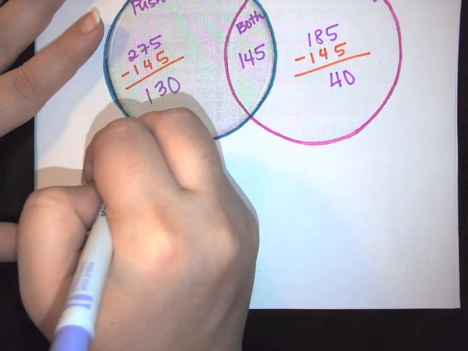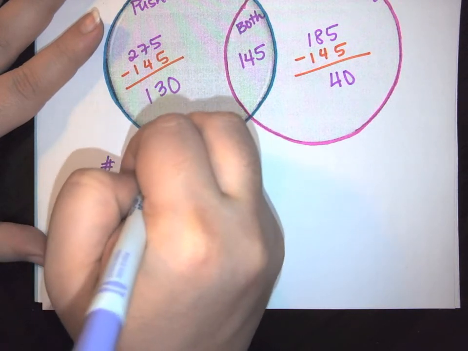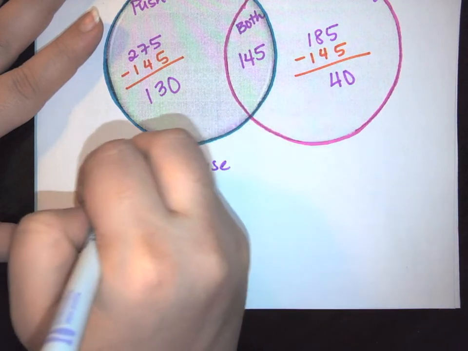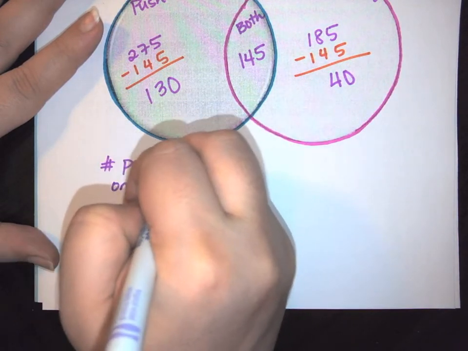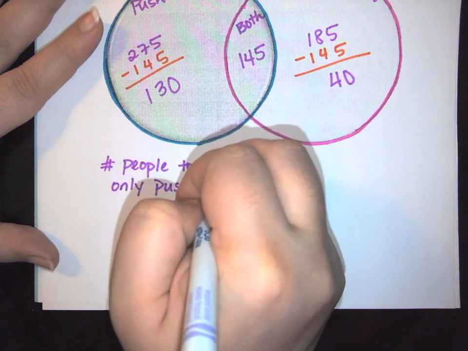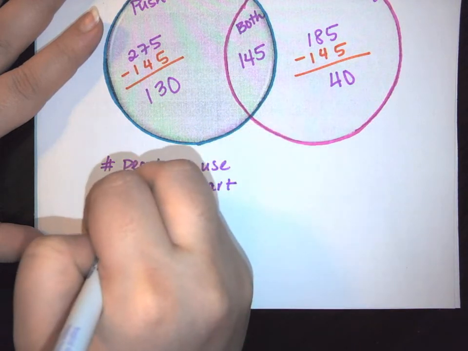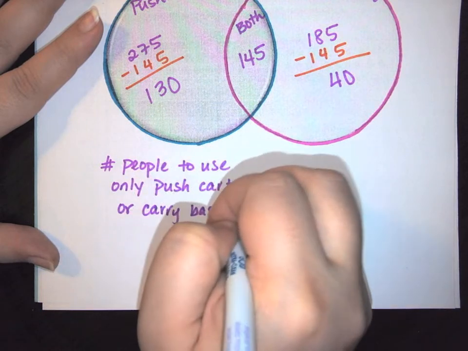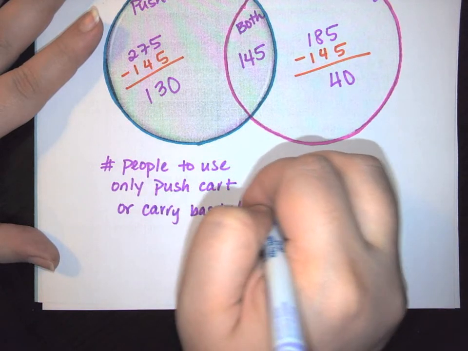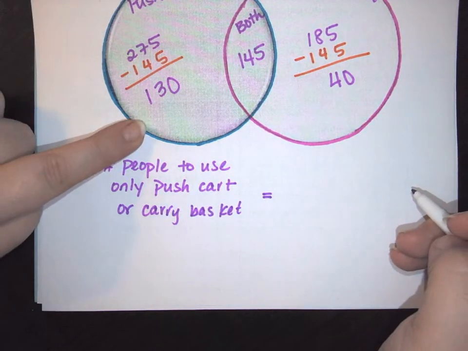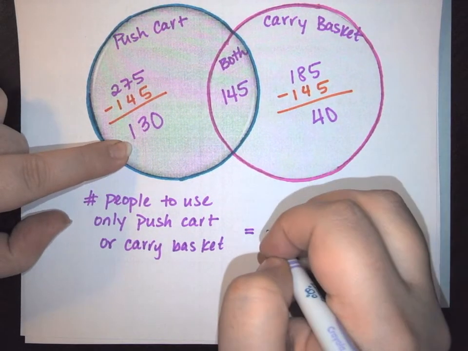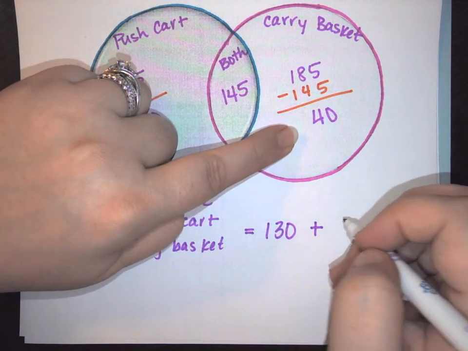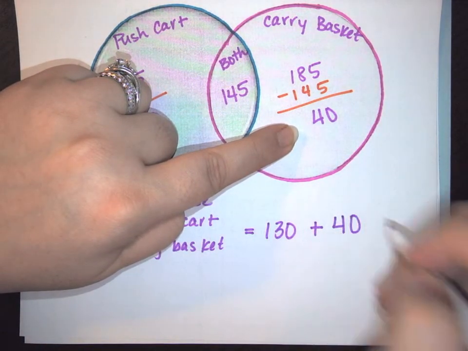So the number of people to use only the push cart or carry basket is going to be the number of people that use just the push cart, so this is 130, added to the number of people that use a carry basket, which is 40.